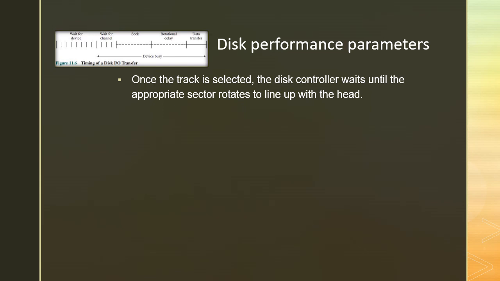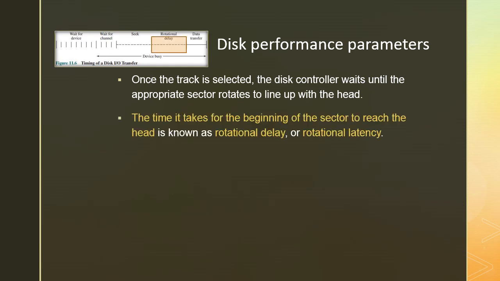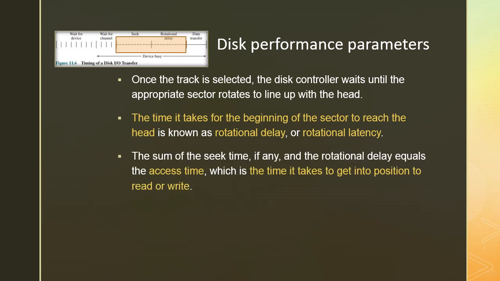Once the track is selected, the disk controller waits until the appropriate sector rotates to line up with the head. The time it takes for the beginning of the sector to reach the head is known as rotational delay or rotational latency.